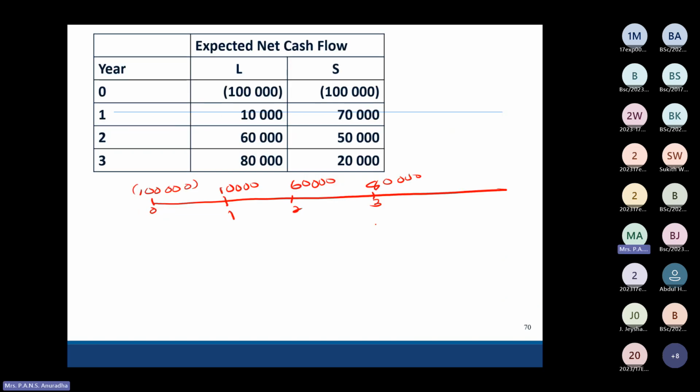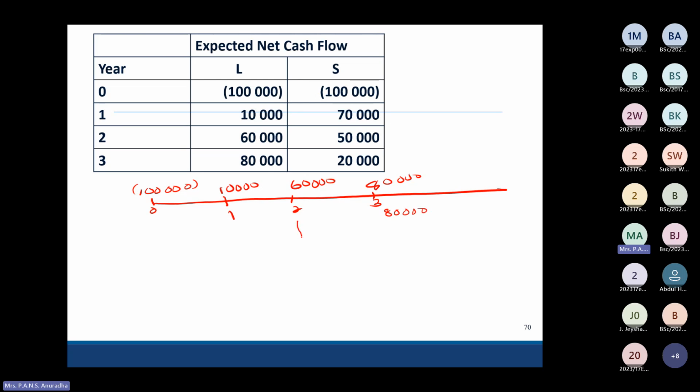So first you have to calculate the terminal year value. To calculate the terminal year value, all these cash flows of the project you have to compound to the terminal year. The terminal year of the project is year 3. So this 80,000 needs no compounding. This is the end of year 3 cash flow, so you can take it as it is.